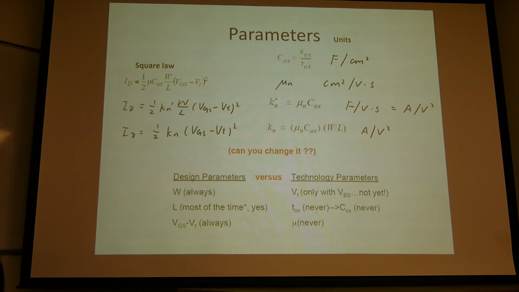And let's look at the units. First of all, this COX is the gate capacitance of that MOS structure. You have oxide, and that oxide will give you the capacitance. And this is a unit capacitance, that means the capacitance is normalized to the unit area. So this unit capacitance COX is given by epsilon oxide divided by TOX.